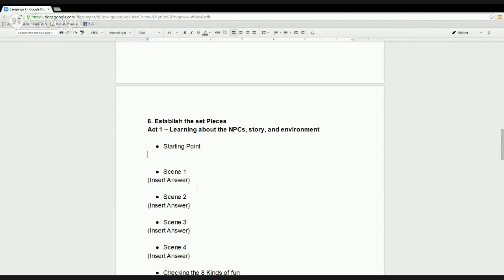And I don't know if establishing who they're being sent by to do what would count under scene 1 or starting point. No, that's good for the player motivation, and again, we'll touch more on that later on, because I have a specific idea for that.